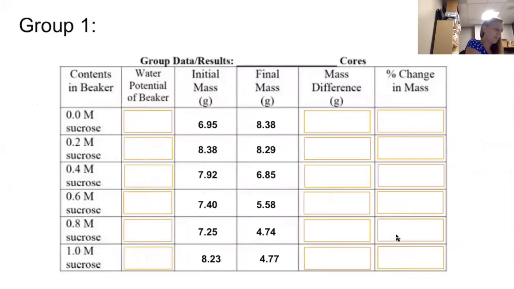So we put them in 0 molar sucrose, 0.2 molar, 0.4, 0.6, 0.8, and 1 molar sucrose, right? And then you guys calculated the differences, and we saw an increase in mass here, and we saw a decrease, I think a positive there, if I remember, and then a decrease everywhere else.